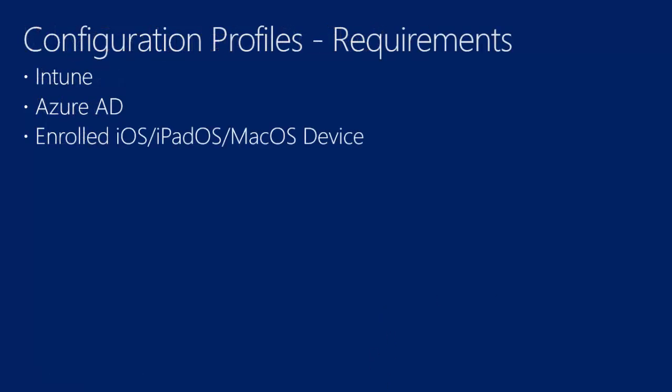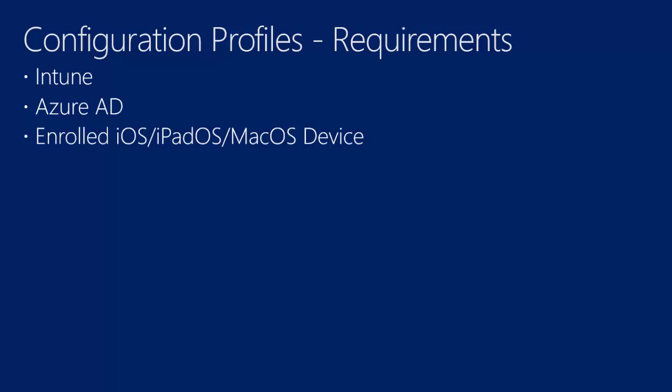Okay, so what are the requirements for this in order for you to configure and get this going with configuration profiles? Well, certainly Intune is a requirement because your device does need to have a management platform. Azure AD is a requirement. Let me explain that one. So Azure AD is where your devices will be present, right? In the Windows world, we have the option of joining Azure AD or registering in Azure AD.